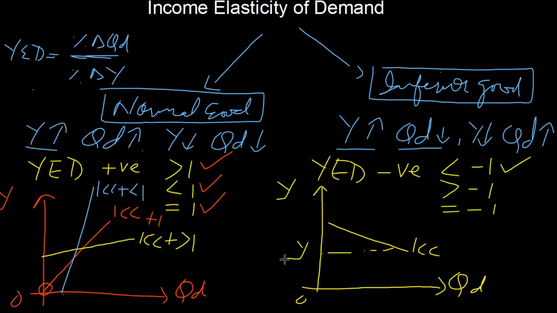Let's say initially income is Y1 and quantity demanded is Q1. Now if income increases to Y2, then there will be a greater fall in quantity demanded. So the change in quantity demanded is much greater than the change in income.